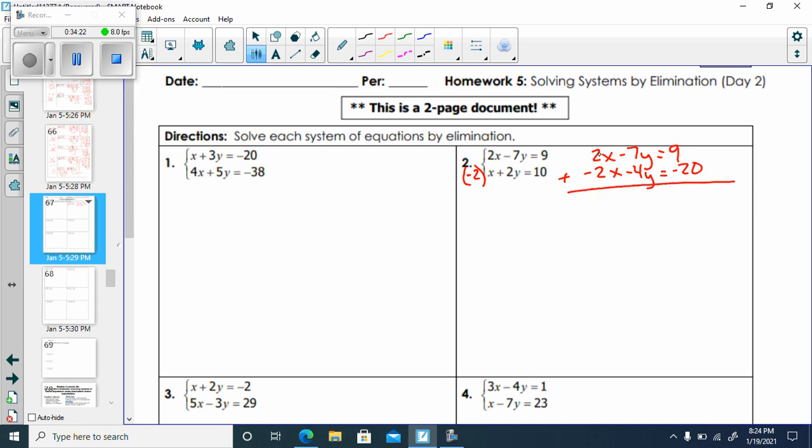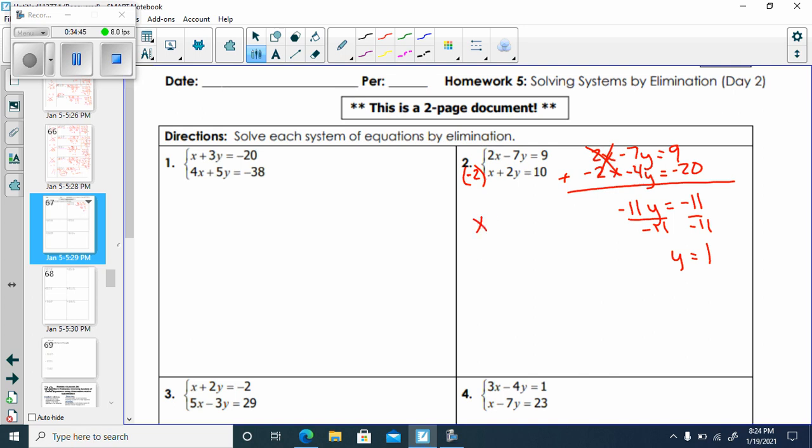Okay? 2x plus -2x is 0. -7y plus -4y is -11y. 9 plus -20 is -11. Divide both sides by -11, and y is 1. Okay, so your y is 1. How do you find your x?